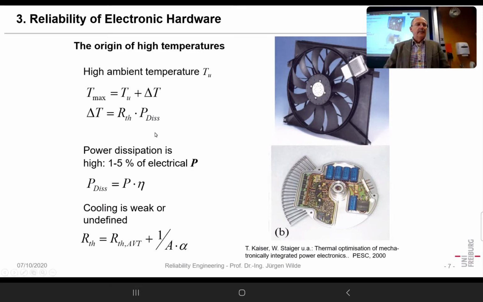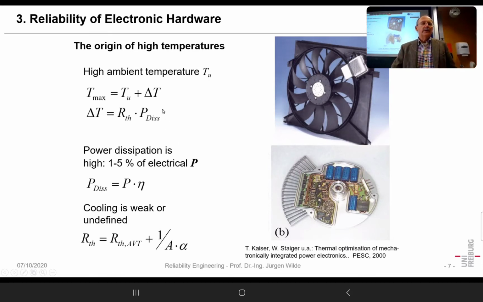Here we have a control, and the speed of the fan is adapted to the thermal situation we have here. Now, we can say the maximum temperature in the critical part of that electronics is the environmental temperature plus the temperature increase, and the temperature increase is something like the dissipated power multiplied with the thermal resistance.